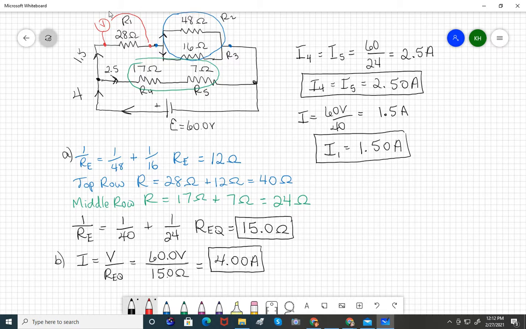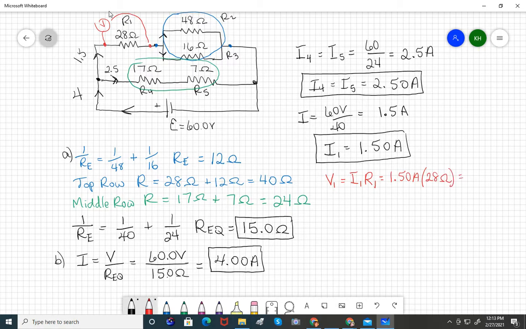The voltage across the first resistor is equal to the current that flows through it times its resistance. The current flowing through the first resistor is 1.50 amps, and the first resistor is 28 ohms.